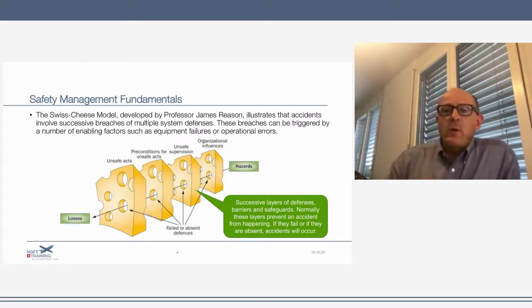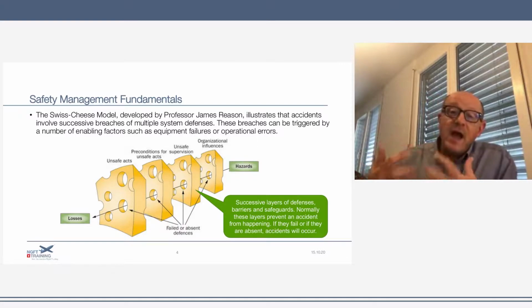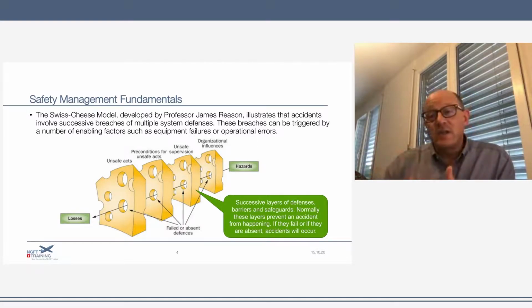Now, you could say, well, if we have these barriers in place, we can measure whether the barriers do hold, and so we can measure that. Yeah, agreed. However, we need to make sure that we have an idea how these different barriers are connected to each other and how these different barriers actually do prevent accidents.